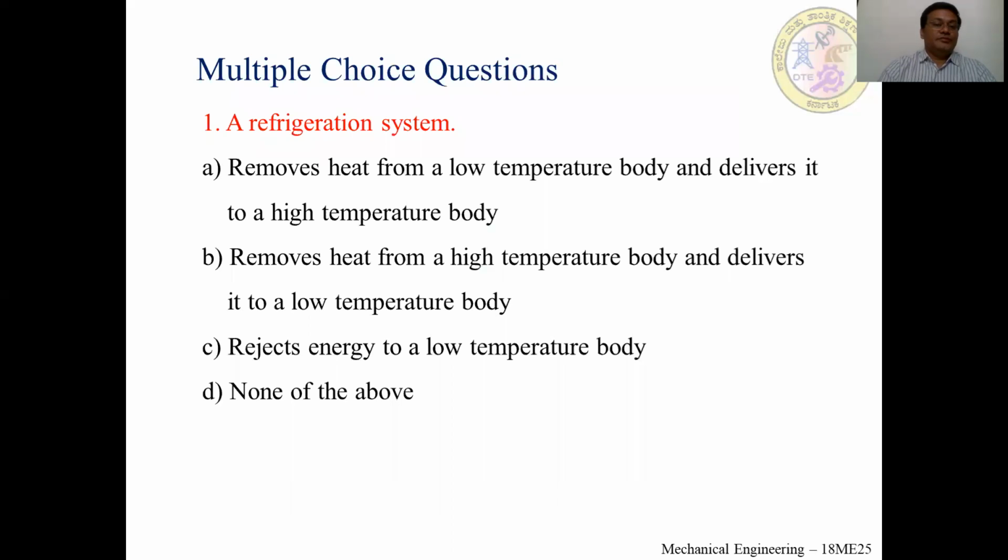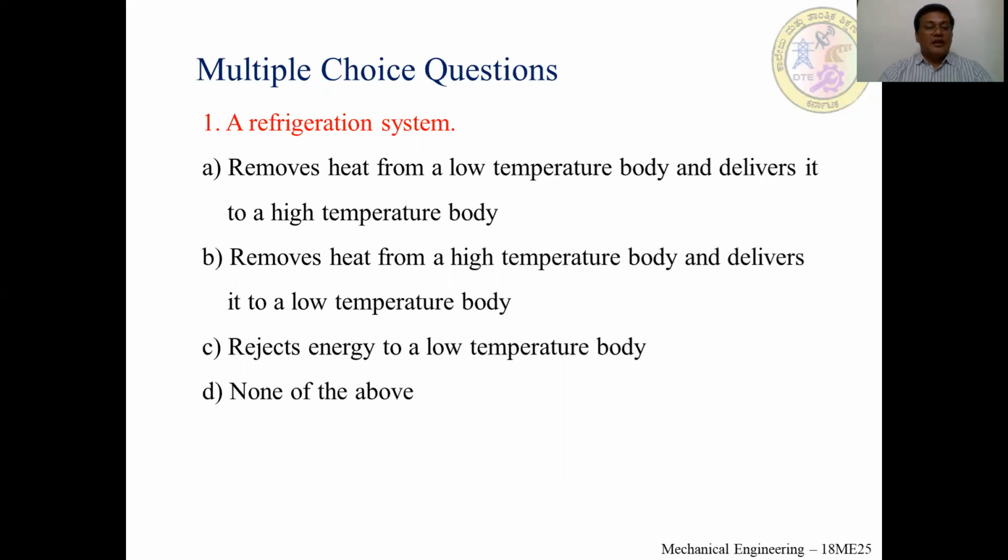So here, coming to MCQs based on the refrigeration system. First question: a refrigeration system, options are: removes heat from a low temperature body and delivers it to a high temperature body; second option, removes heat from a high temperature body and delivers it to a low temperature body; third option, rejects energy to a low temperature body; and last option is none of the above.